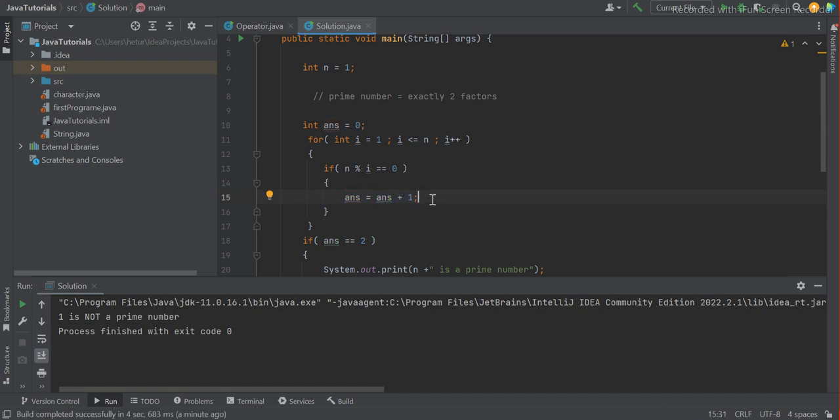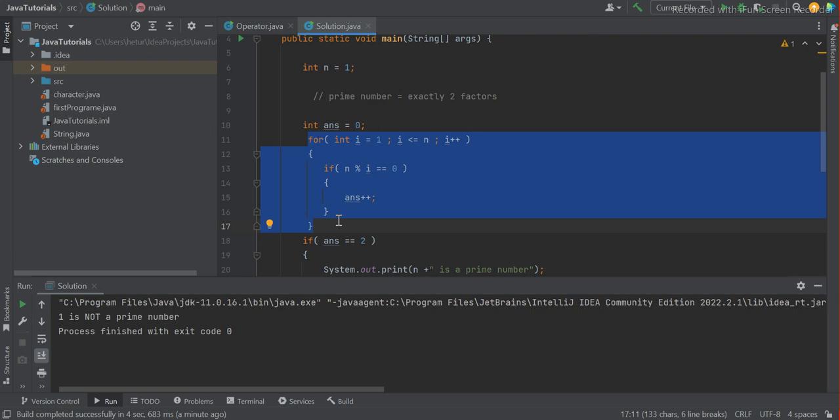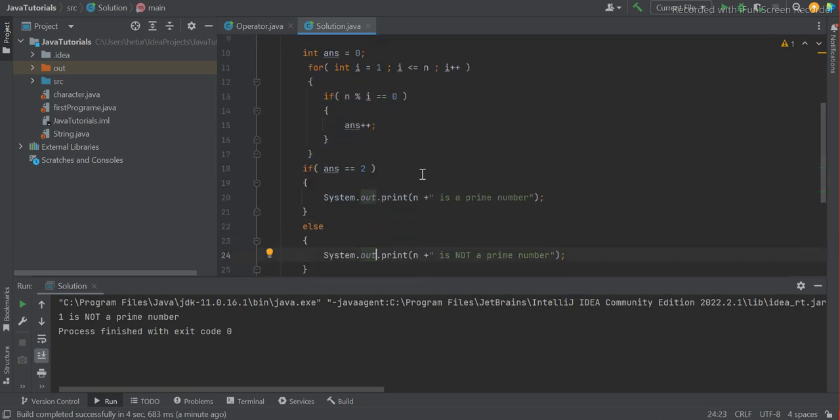Or I can also write answer plus plus, which means I am just increasing it by 1, right? And then after the for loop, we are able to count all the factors in answer, and then I come out of the loop and check whether answer equals 2. If it is, then it is a prime number, and if not, then it is not a prime number.